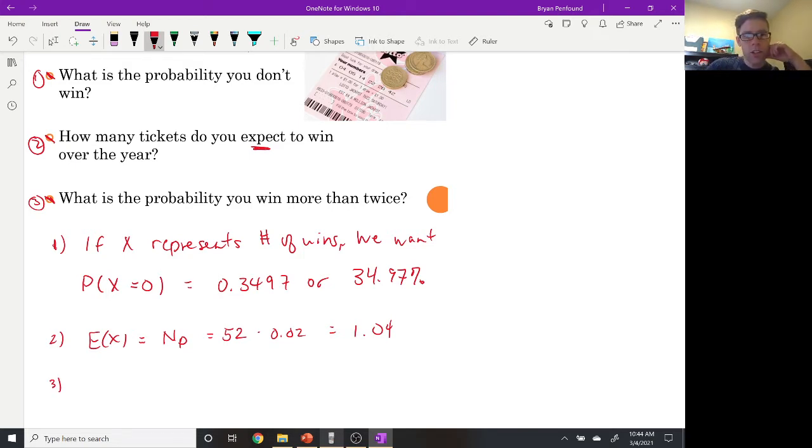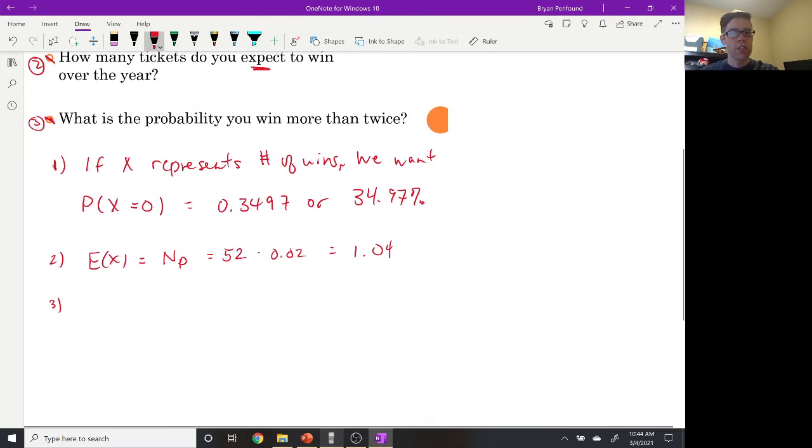Okay, our final question, what is the probability that we win more than twice? Now, what I like to do in these particular instances is just draw a rough number line to help me think about what numbers I need to input into the binomial CD.